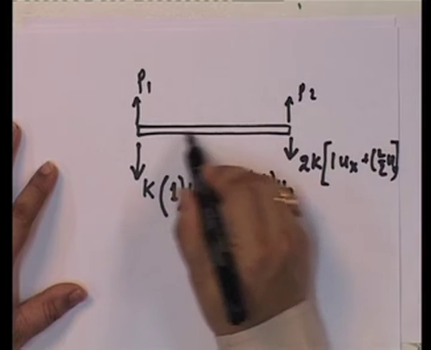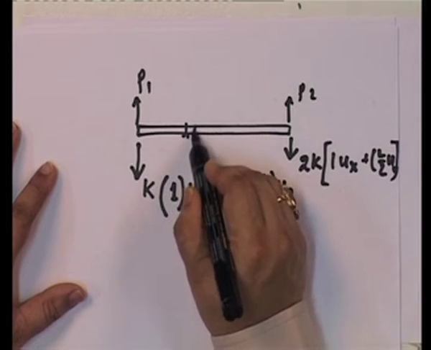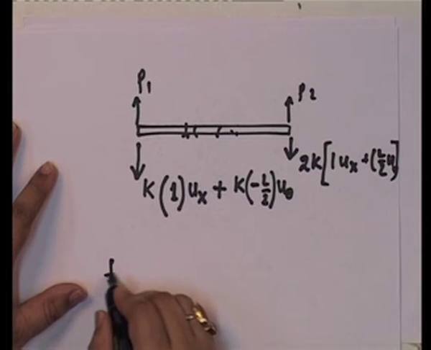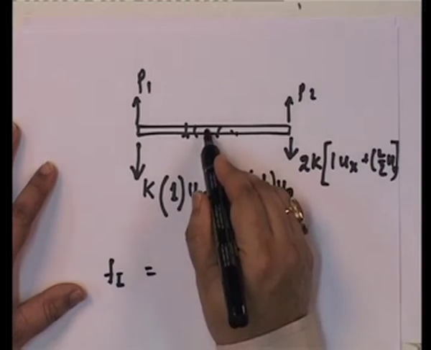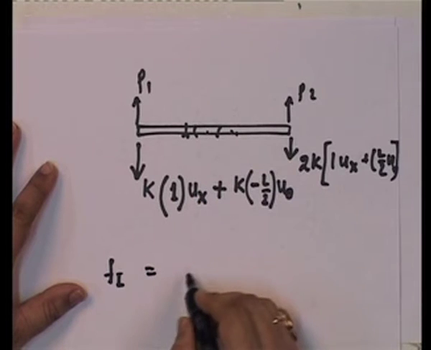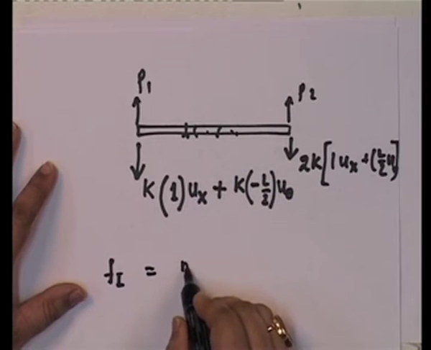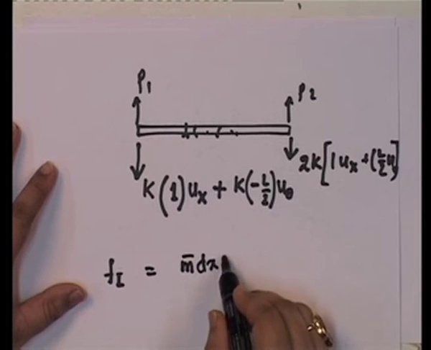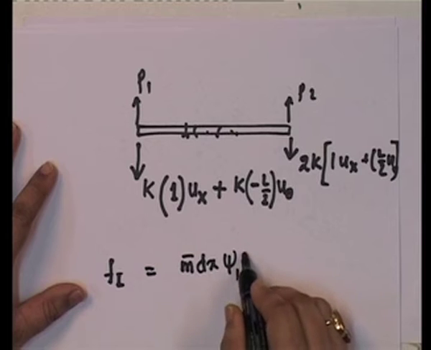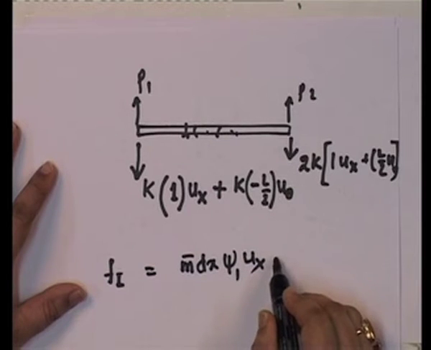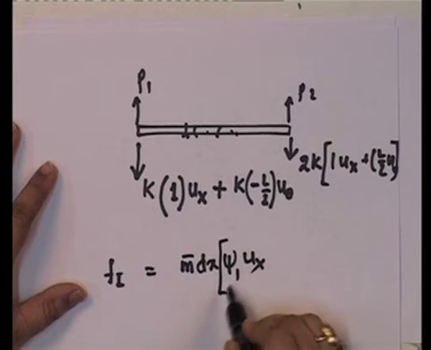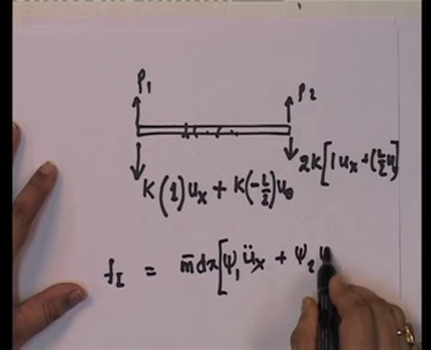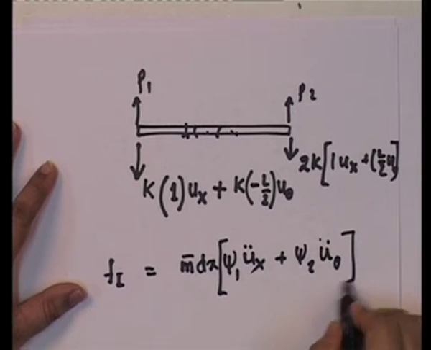So, what we have then, these are the two forces, then you have load P 1, load P 2, and on top of that you have these inertial forces, and the inertial force at any particular point x is going to be equal to m bar dx into xi 1 u x double dot plus xi 2 u theta double dot.